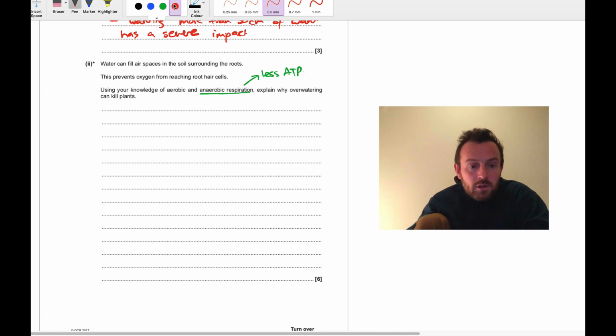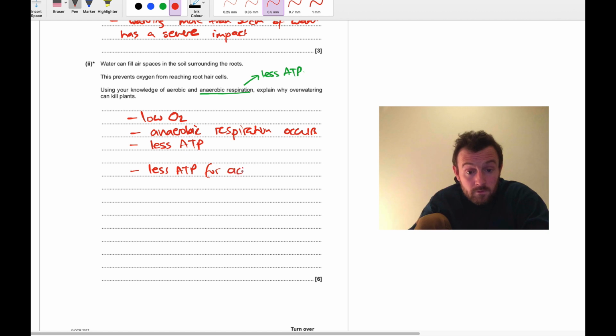So if we have low oxygen, that means that anaerobic respiration occurs instead of aerobic, which means we have less ATP produced. If we have less ATP produced, we have less ATP for active transport.